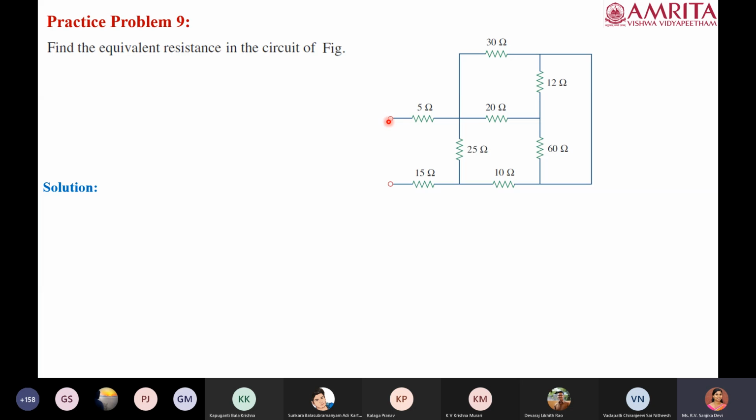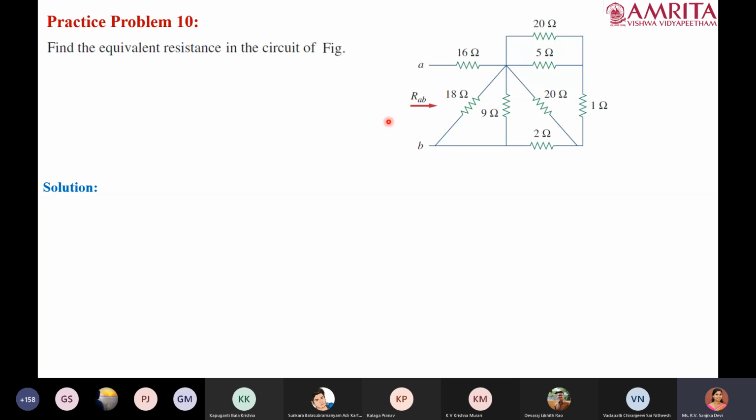Okay, so we'll go to the next numerical. And this is the third one. Find the equivalent resistance in the circuit of the figure.